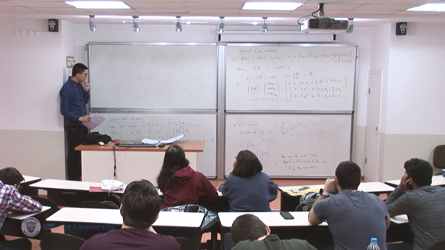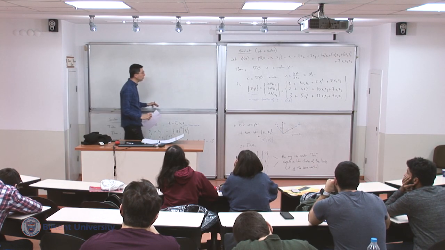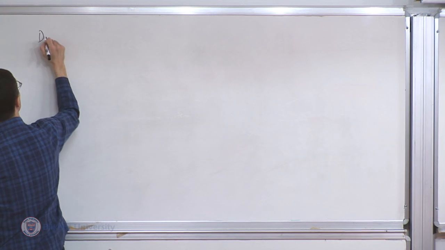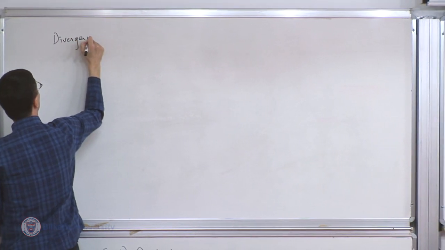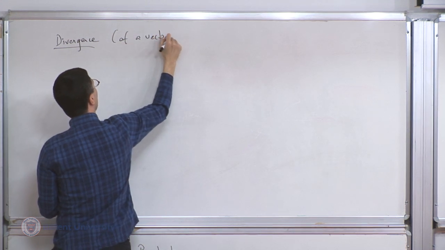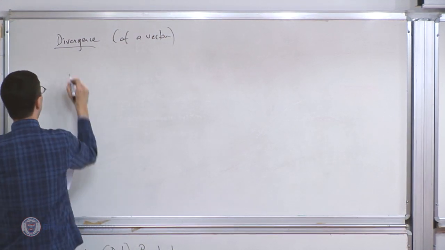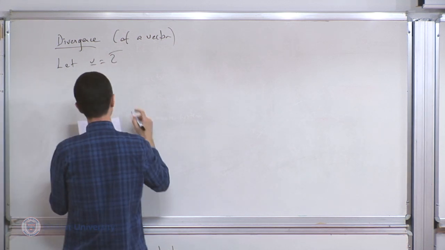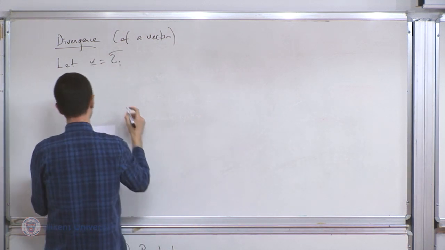So I've introduced the vector. I've introduced a dot product. I've introduced the gradient. Now let's recall something more, the divergence. The divergence, again, of a vector. OK, so I will take a vector. Let's call that vector v on purpose, because actually I'm going to make use of that v shortly.